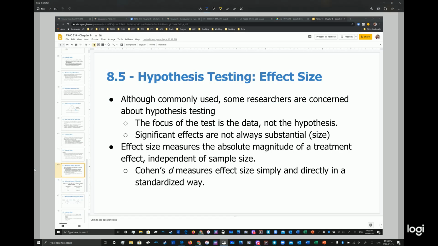As the points say here in this slide, the test itself focuses on the data.